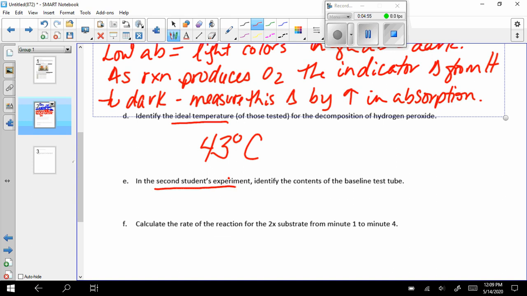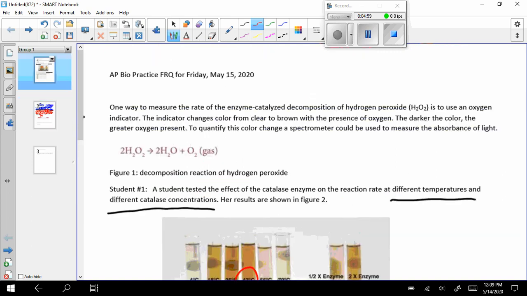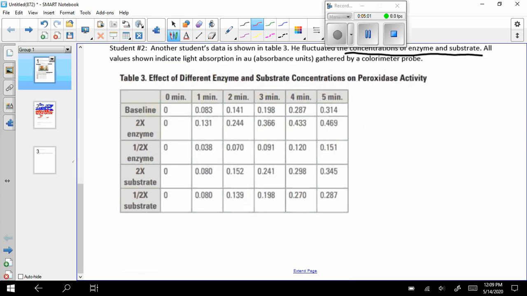All right, in the second student's experiment, identify the contents of the baseline. Okay, let's go back to the second student. So here's the second student's work. Here's the baseline. Okay, so if you have 2 times the enzyme, let's just compare these numbers. You have a greater amount of decomposition that happened. And if you have half the enzyme, you have less than it. All right, so my baseline must have 1 times the enzyme. And then let's look at the same thing with the substrate.